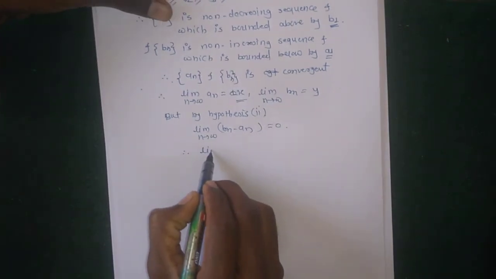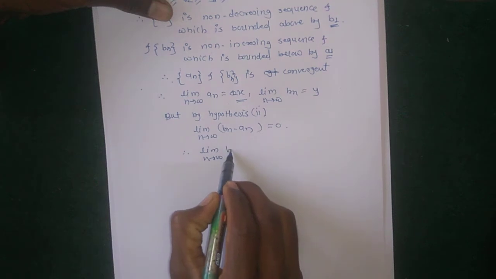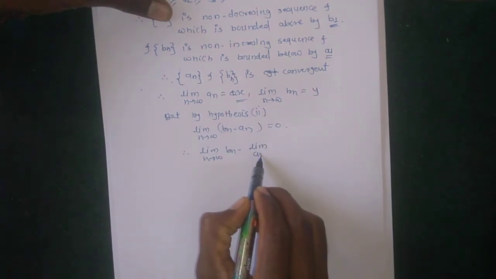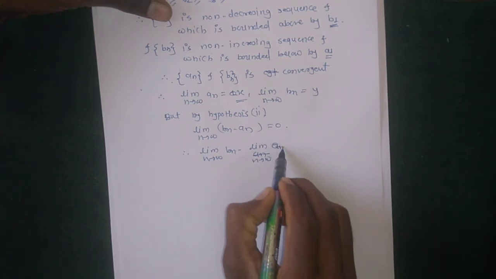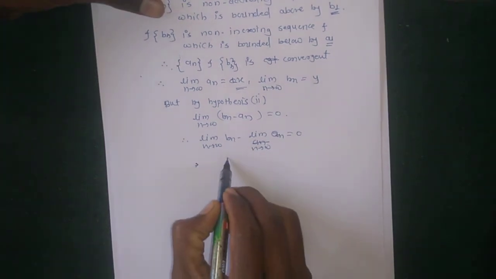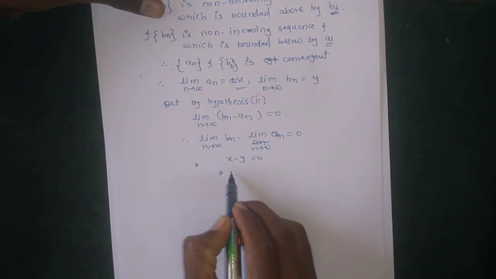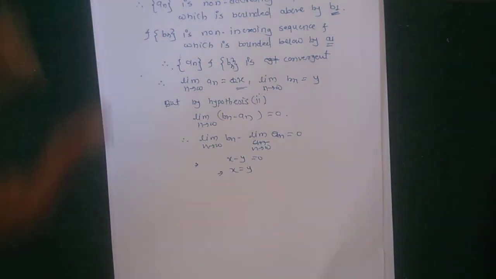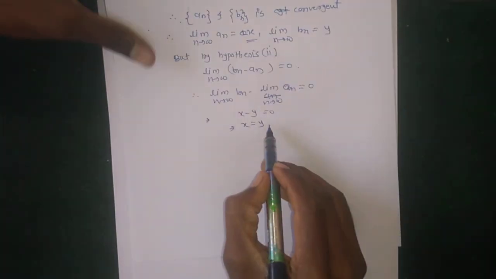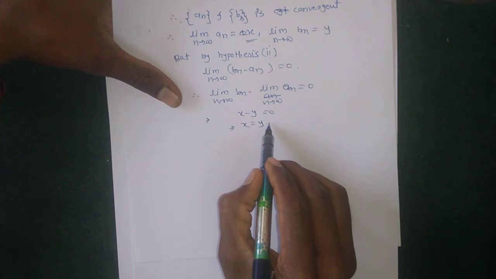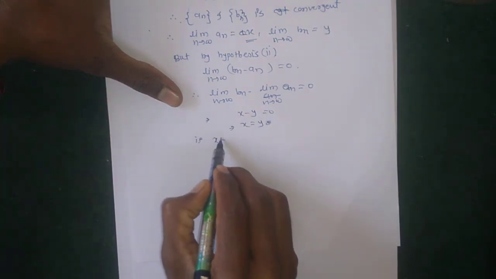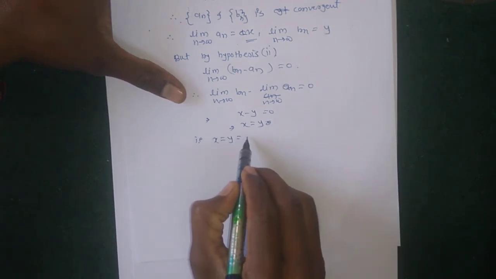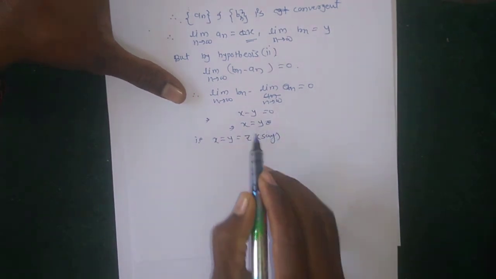Therefore, taking limits separately, the limit of Bn minus the limit of An equals 0, so x minus y equals 0, which implies that x is equal to y. That is, sequences An and Bn have the same limit. Suppose x equals y equals Z.